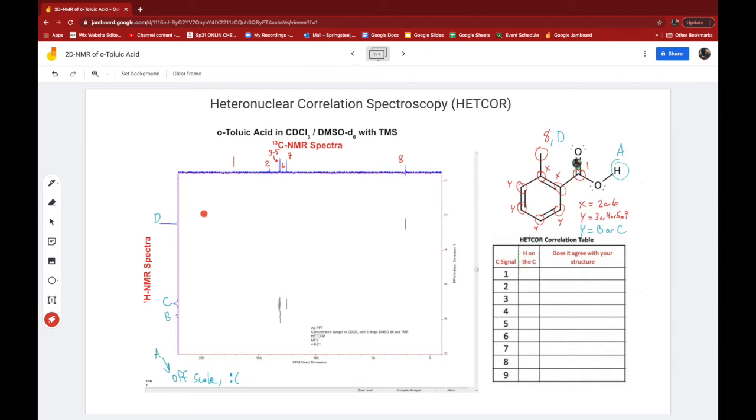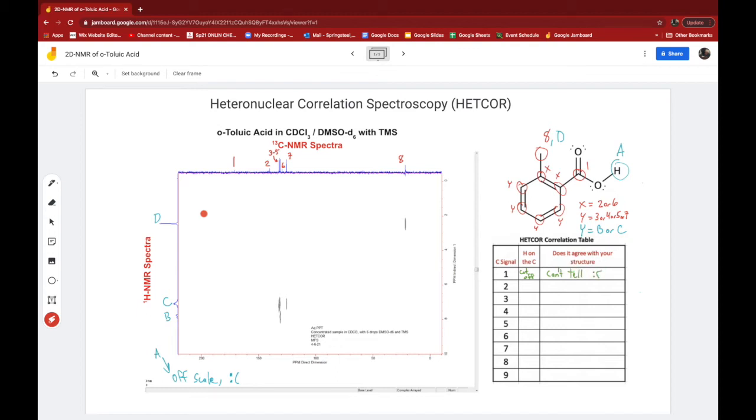I'm supposed to answer this first column with the data from the HETCOR, but I can't because I cut it off. So it should be 0 hydrogens. And does it agree with the structure? I can't tell, sadly, because I made a mistake there.